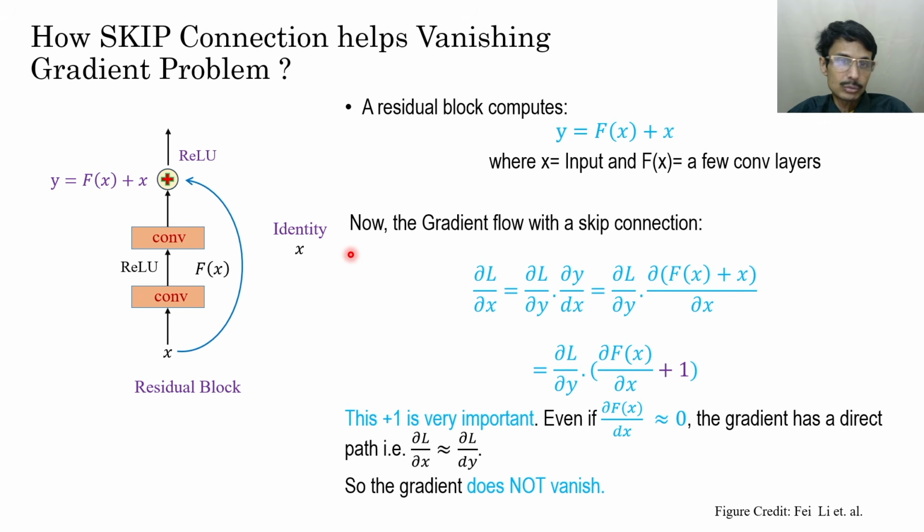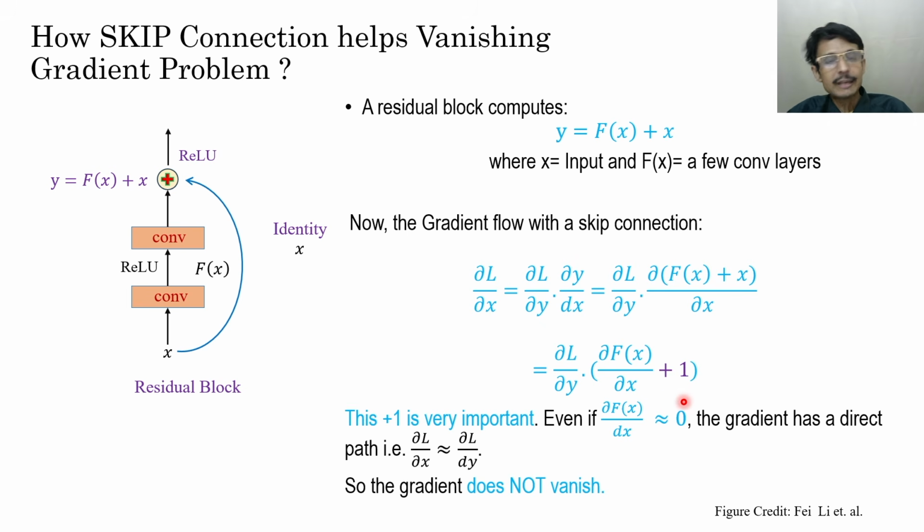Okay. Now you try to understand how this identity mapping or skip connection helps. The gradient with a skip connection is now in this way: del L by del y, del y by del x, which is del L by del y, del of F(x) plus x. What is this? It is y. Initially it is H(x), but now it is F(x) plus x. So this is basically del L by del y times, del F(x) by del x plus 1.